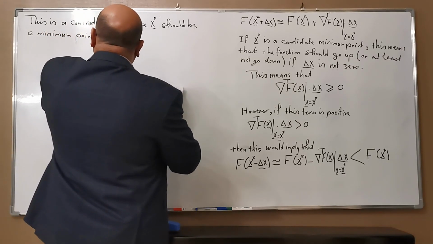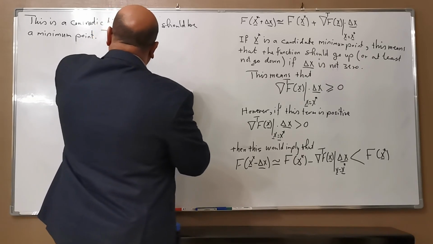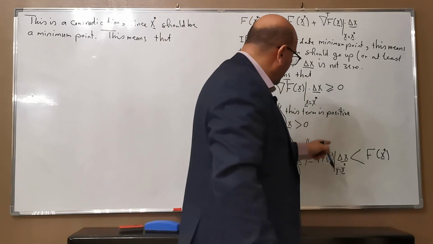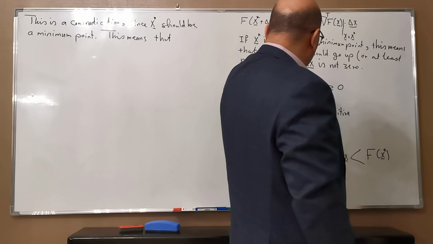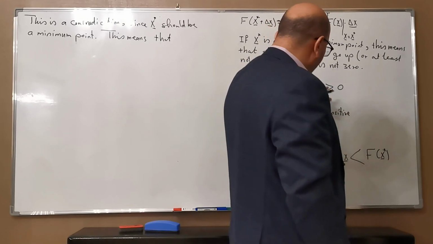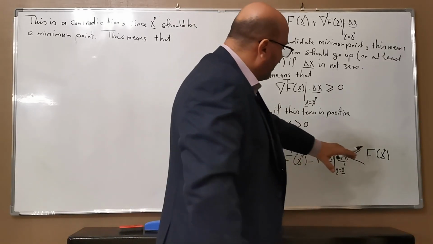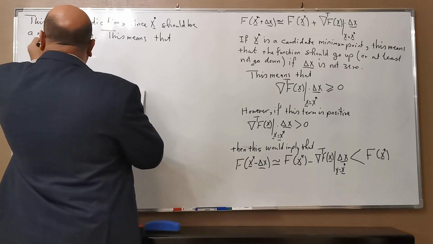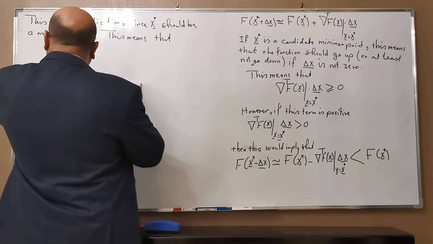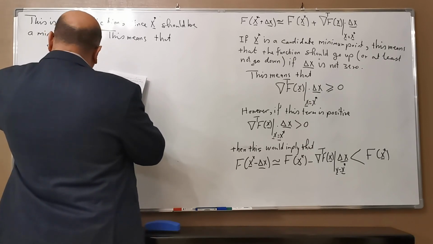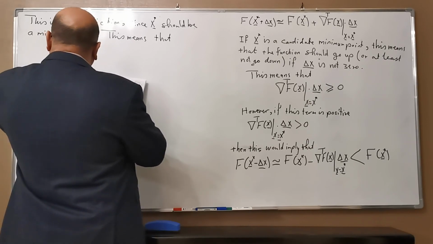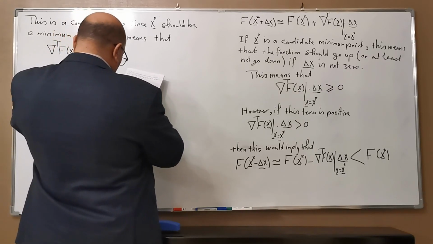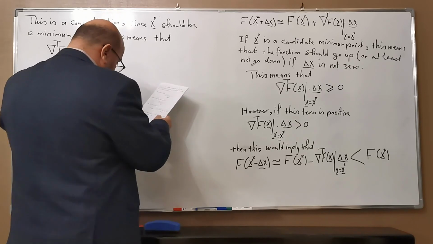This means that the only solution for this to be true is that, so this one is positive, this one is also negative. The only thing to accommodate for this is to have the gradient of f of x evaluated at x equals x star times delta x equal to 0.